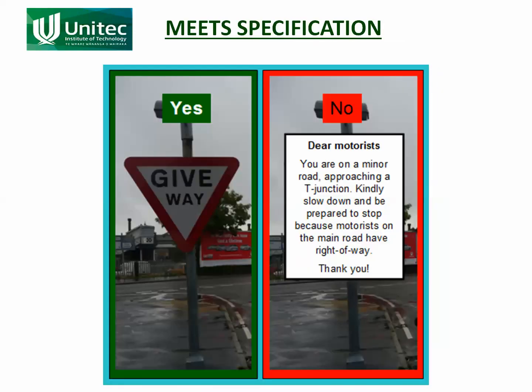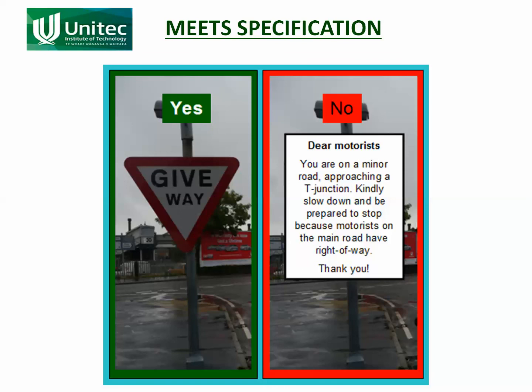So looking at that meet specifications again, you can see this example here where the client specification is obviously, I want a sign that tells people to give way, and the one on the left is correct because it's nice and simple, says give way. The one on the right still tells motorists to slow down and give way, but it does it in a way that is very hard to understand.